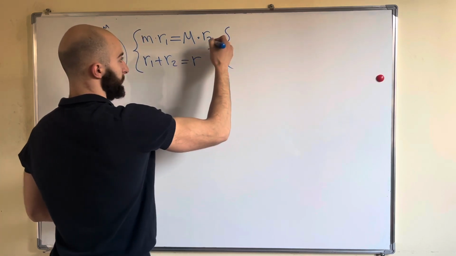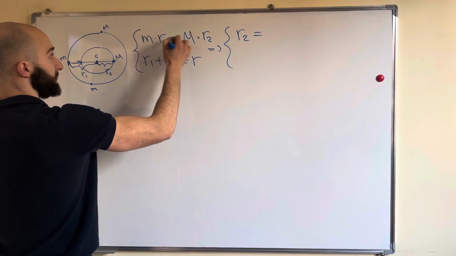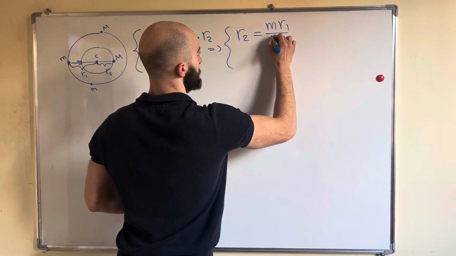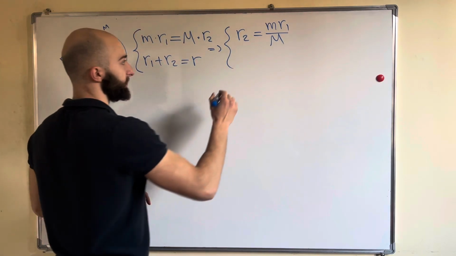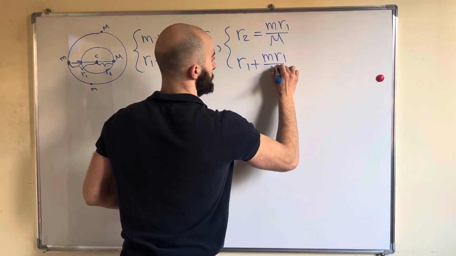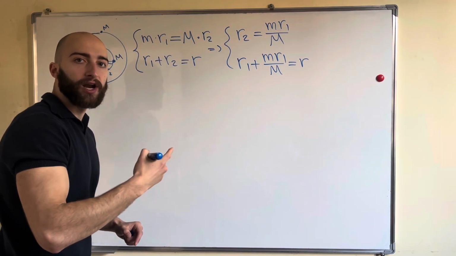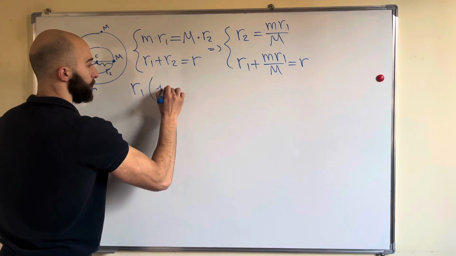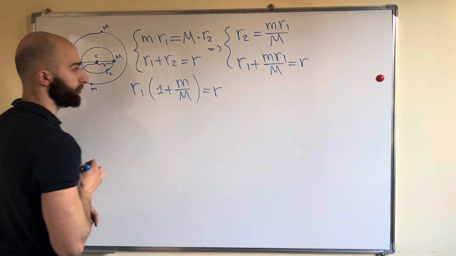From the upper part we get R2, which will be m times R1 divided by big M. Let's plug this in, and we get R1 plus m R1 over M should be R. Let's take R1 out of the brackets, and what do we get? R1 times (1 plus m over M) should be the distance between the stars.